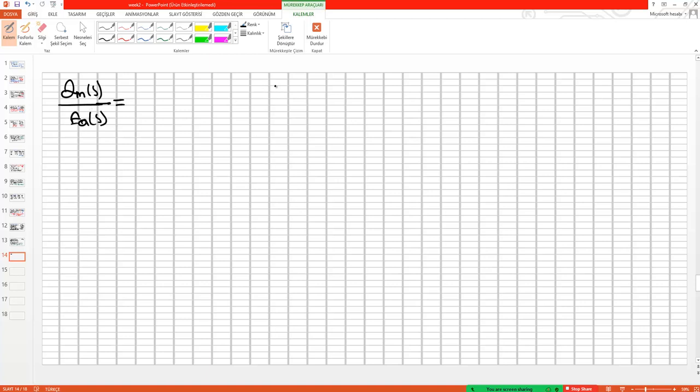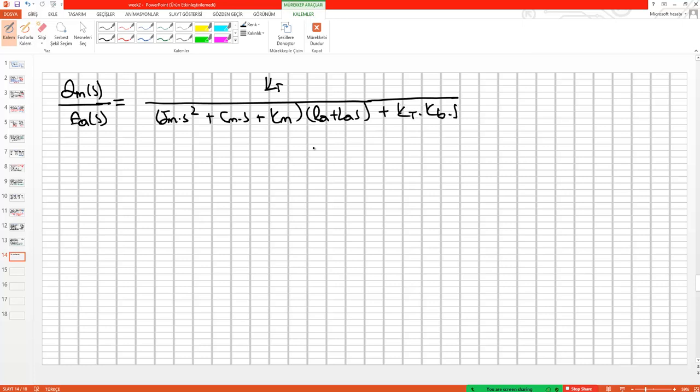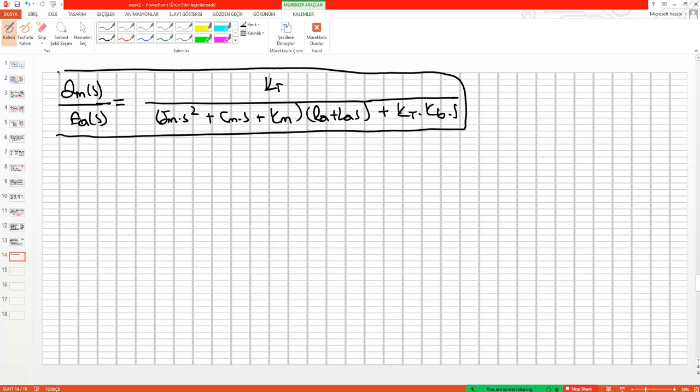Okay? And so this can easily be organized as (Jm s square plus Cm s plus Km) times (Ra plus La s) plus Kt times Kb times s. Okay? This is the transfer function for the whole motor equation. Okay? Any question?